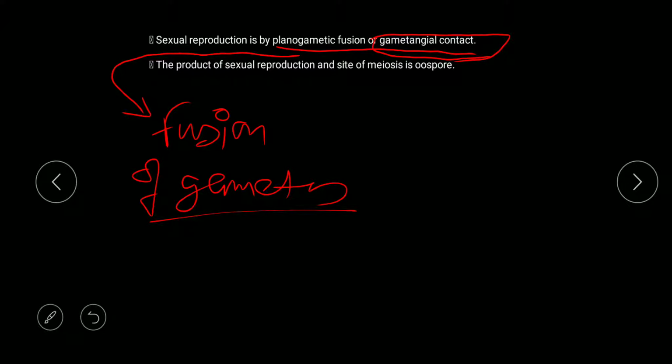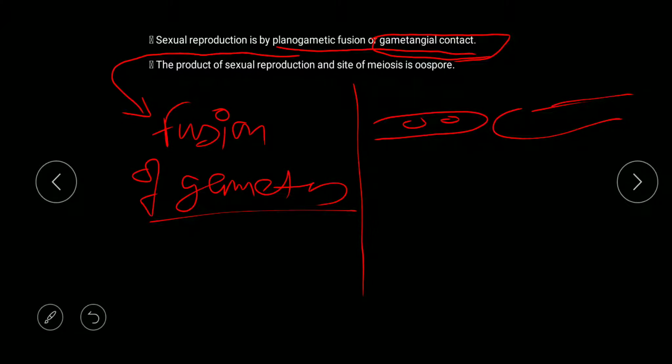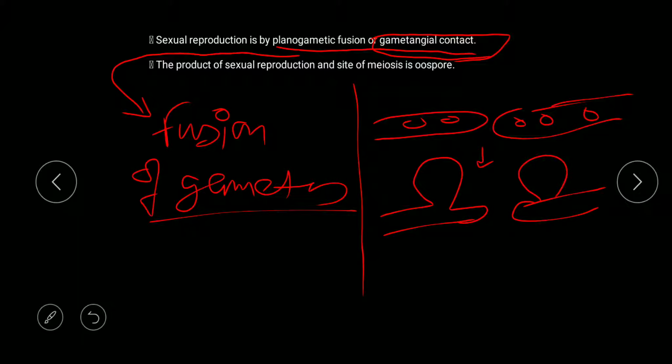in this there is a contact, not a complete fusion. There is just a contact, and in the contact you will find the hyphae. This hyphae will develop some structure like this, and in this they have their own content.